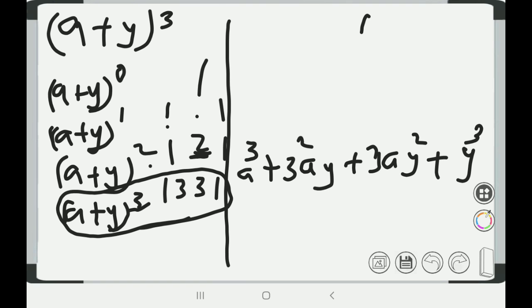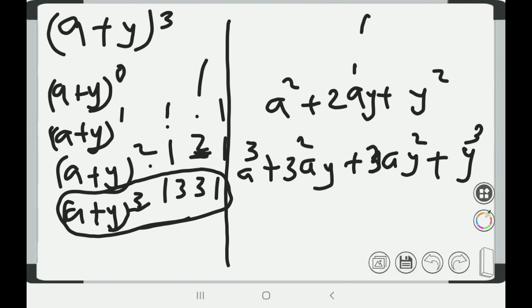So the power of y here should be 0, y raised to 0, which is 1. Then the coefficient of a is decreasing towards the right. 3, 2, 1. This is 3. And then here we have a raised to 2 plus 2a y plus y raised to 2.